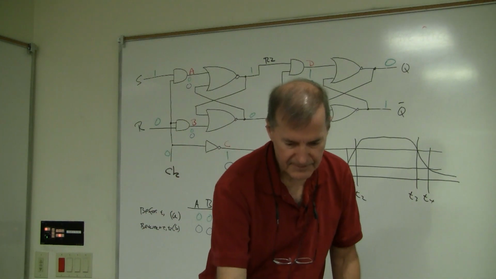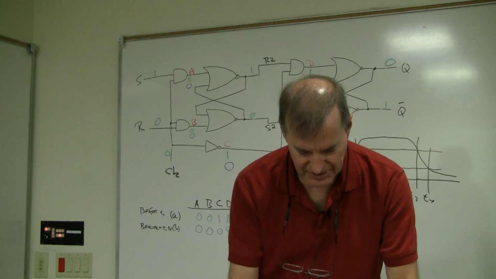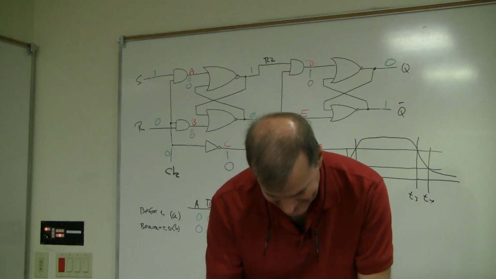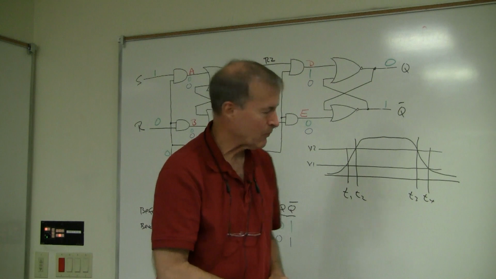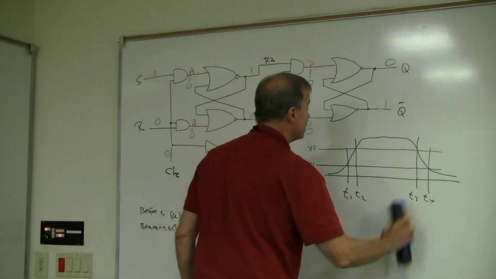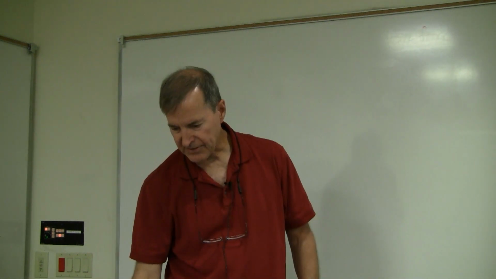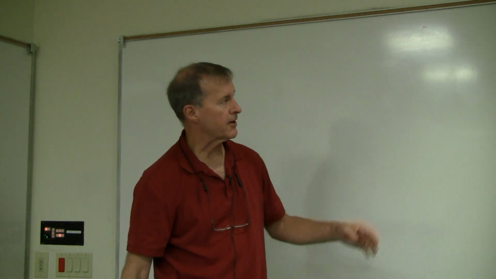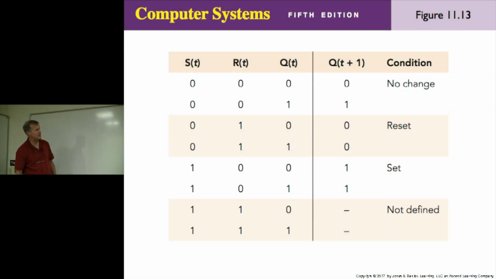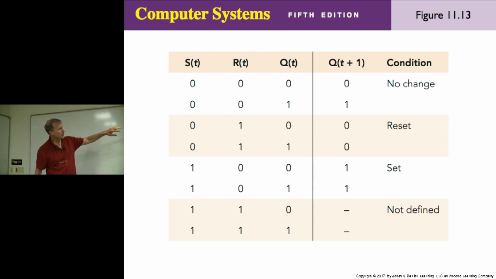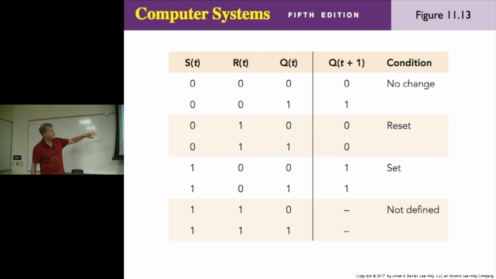Now, at the end of class last time, we had gone through all of this stuff. We looked in figure 11.13 at the characteristic table of the SR flip-flop, and we noticed that there were 4 possible combinations of S and R. If SR is 0, 0 and a clock pulse comes along, there's no change.